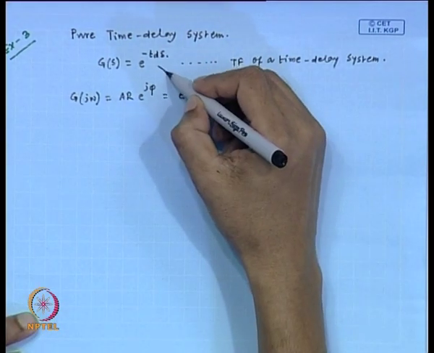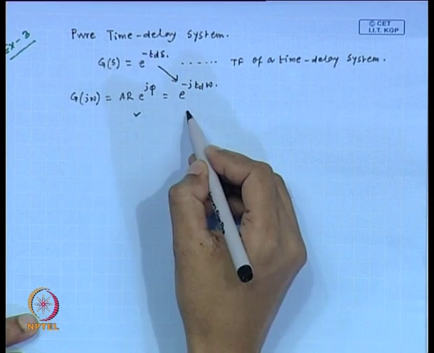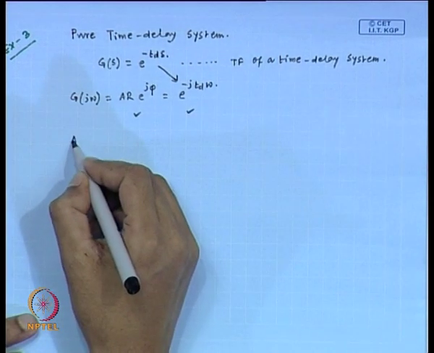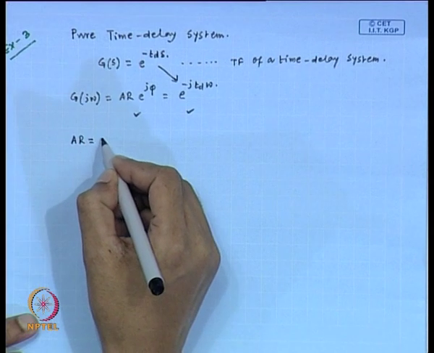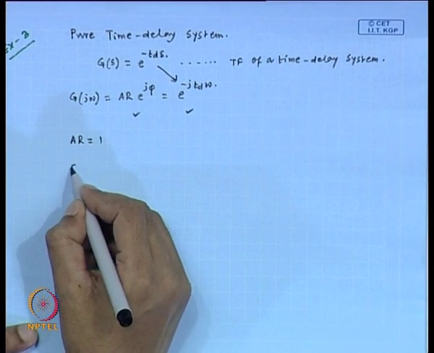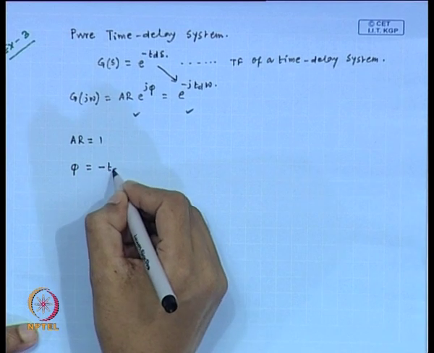We can write this by this. Now, if we compare this and this, then we obtain amplitude ratio equals to 1 and phi equals minus T_D omega.